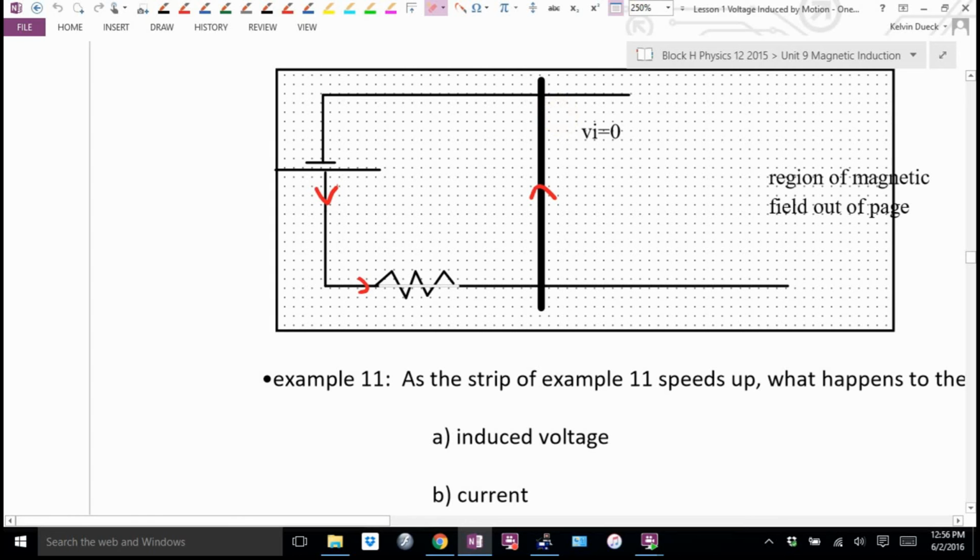So point your right thumbs up the page. Which way is the magnetic field according to this question? Out of the page. So up the page, out of the page. Which way will this wire feel a force? To the right. It's going to start to speed up. This is a railgun. Replace the wire with some kind of metal projectile that has wires going across. It's going to speed up.